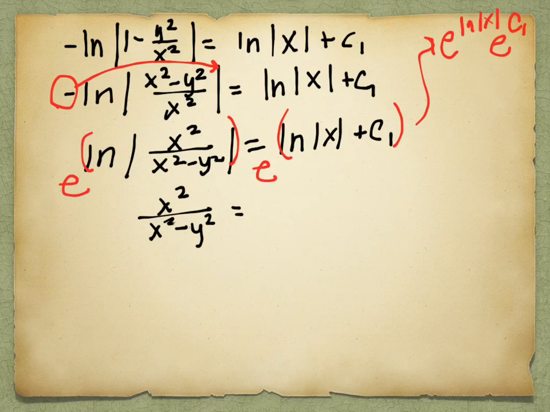And then on the right-hand side, the e ln, this piece right here, becomes just x. No absolute values needed any longer. E to the c1 is just a constant, right? I know they both look like letters, but they're also letters that are actually representing a number. C is a constant, E is a constant where we know the number value for it. So I'm going to rewrite that as plain old C, and I'm going to write it in front of the x.